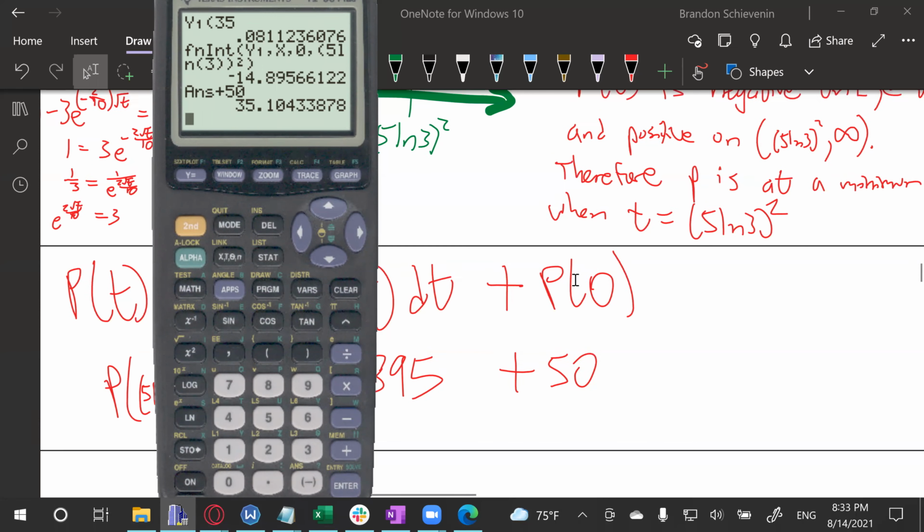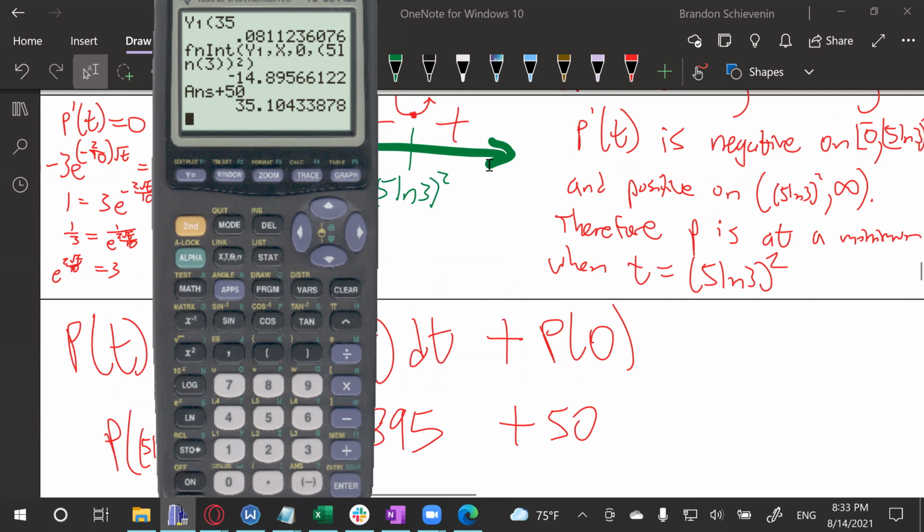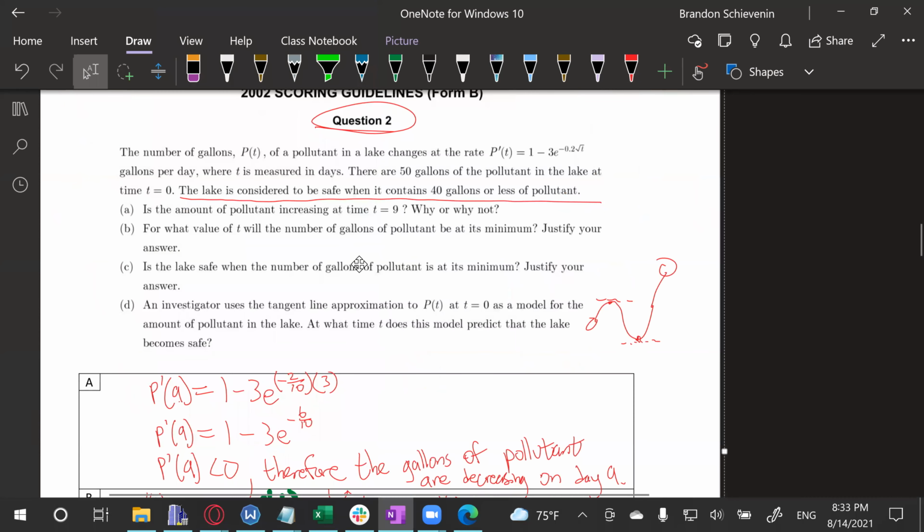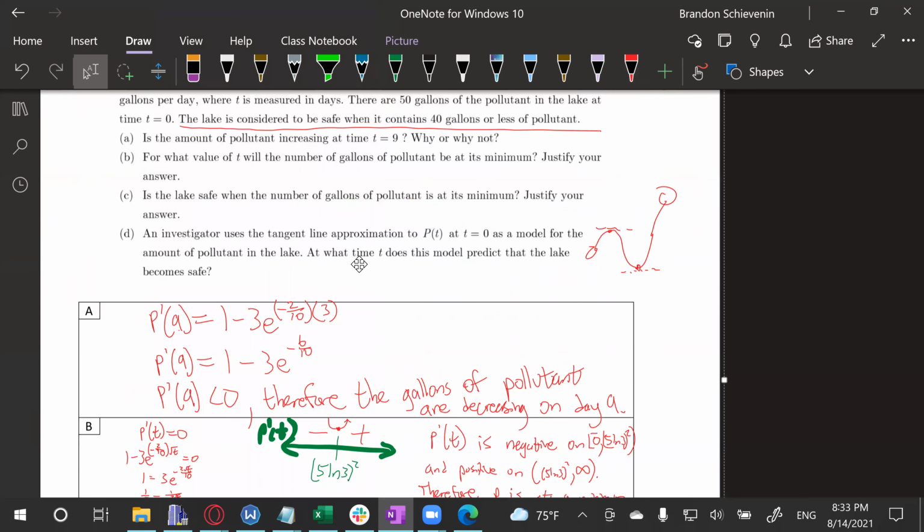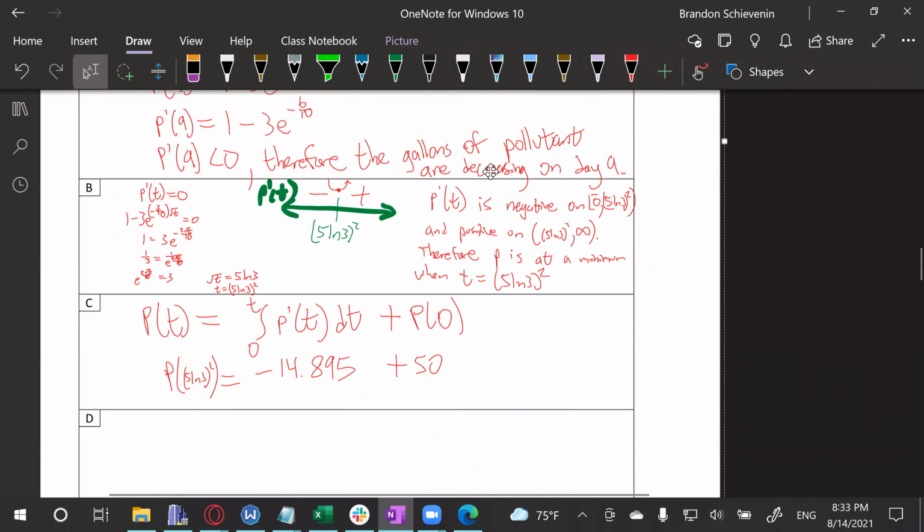Going back to NB, based on our requirements for pollutants, is the lake safe at this time? Yes. The lake is safe because we have 40 gallons or less of pollutant total, which is within our threshold.